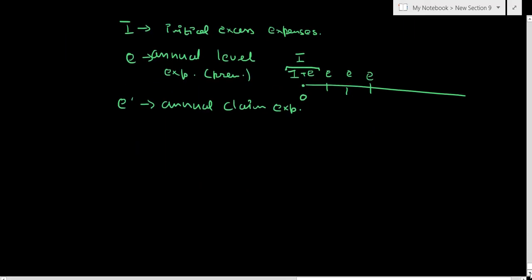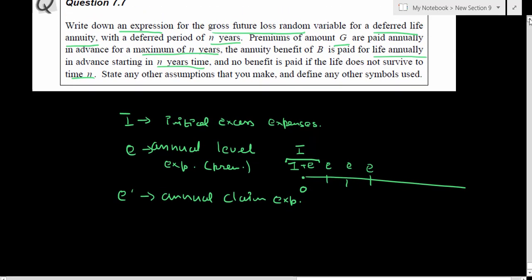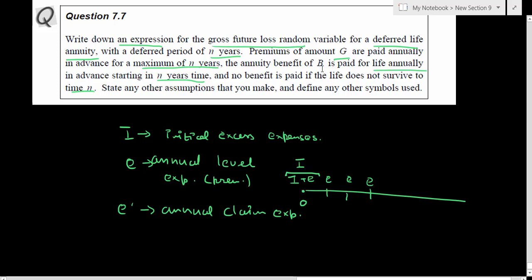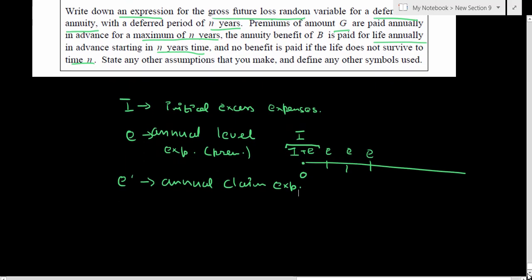Cool. Now let's just calculate the gross future loss random variable. So it is the EPV of the benefit. And one more thing, they've taken one more symbol here. Let's check if the question stipulates it or not. Okay, yeah, they've stated that B is the amount of annuity benefit that is payable every year.